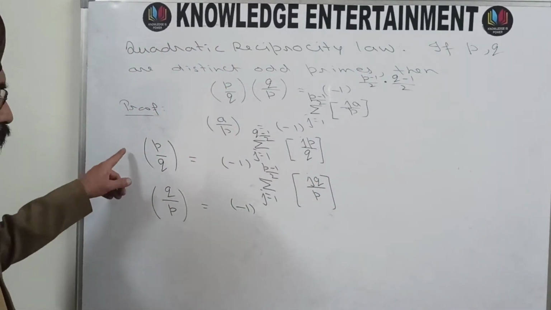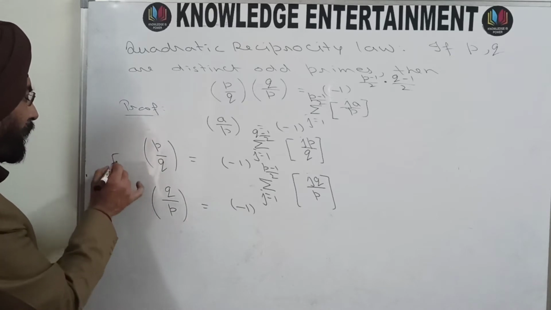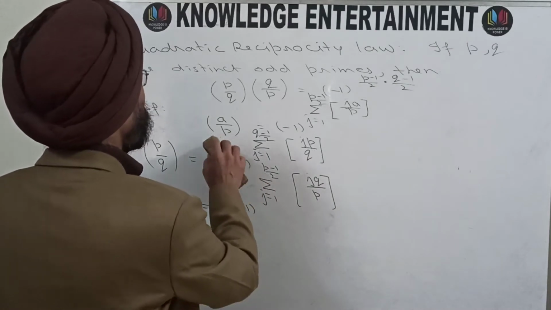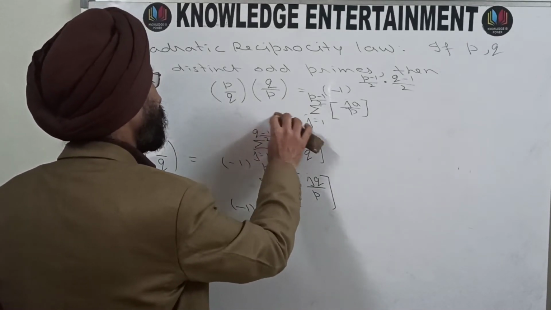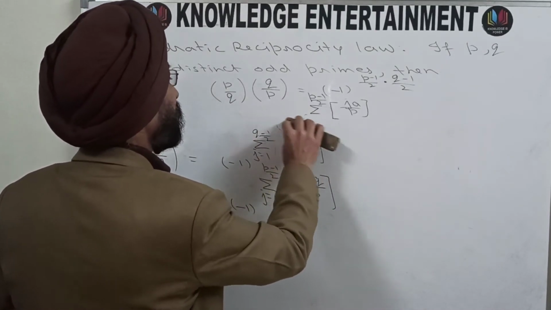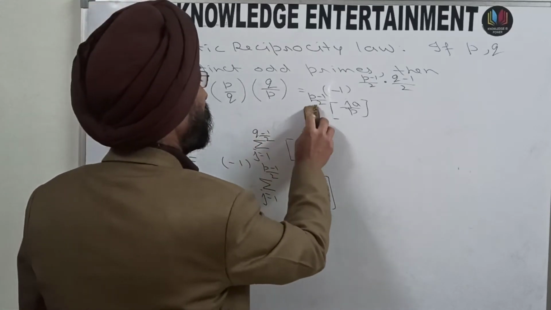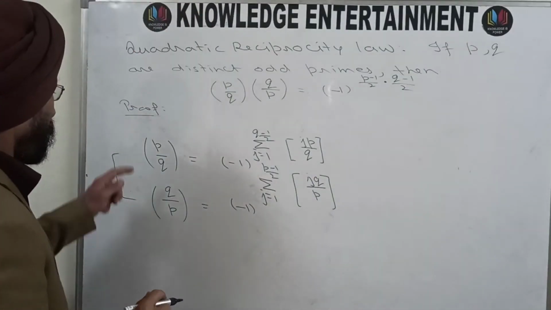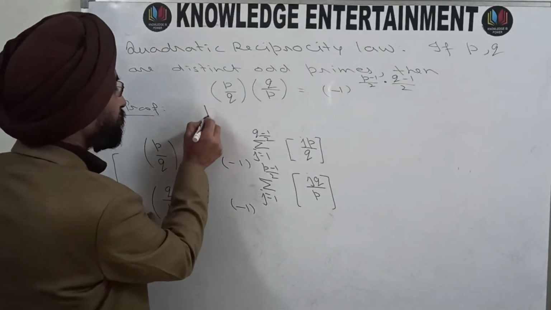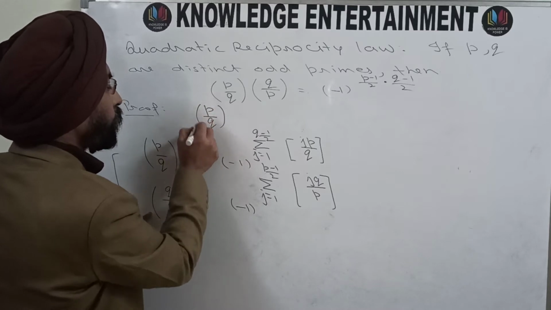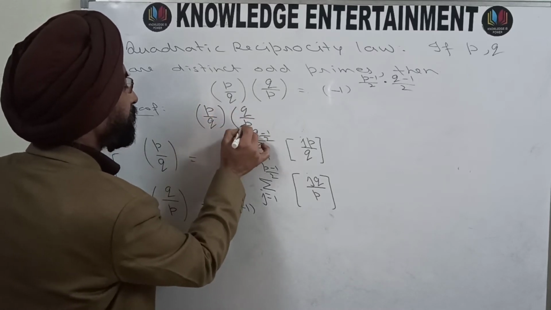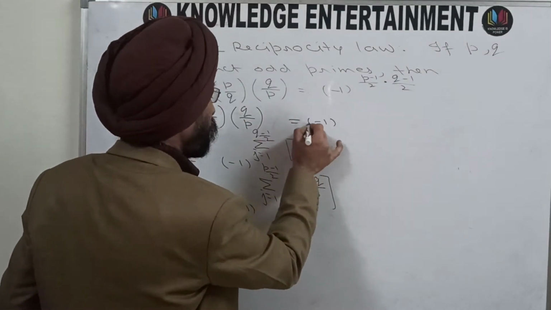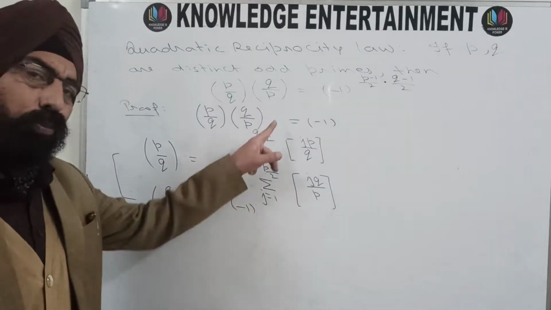So multiplying these two, what result are we going to get? I am going to write it here: the Legendre symbol p by q into the Legendre symbol q by p, the multiplication of these two, is equal to minus 1 raised to the power this into minus 1 raised to the power this, so the powers will be added.